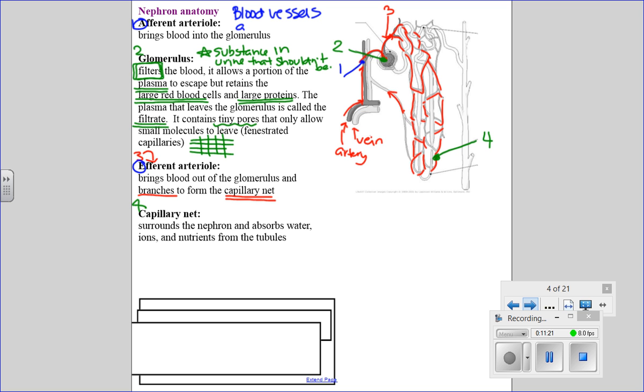Afferent, I like to associate with the word arrives. It is bringing something to that structure. So the afferent arteriole brings blood to the glomerulus. The efferent arteriole, I'd like to associate with the word exit, E and exit. It exits the structure and takes blood away from it.